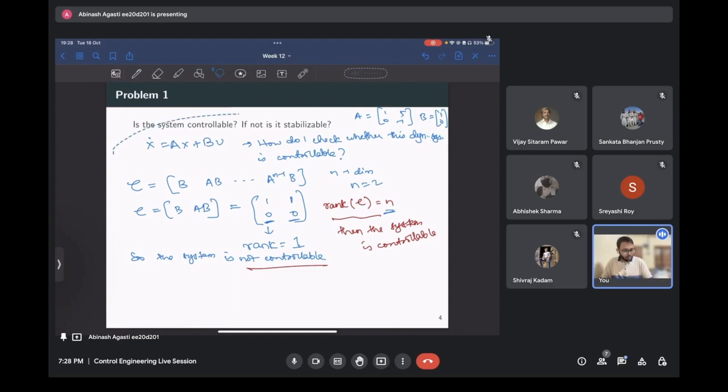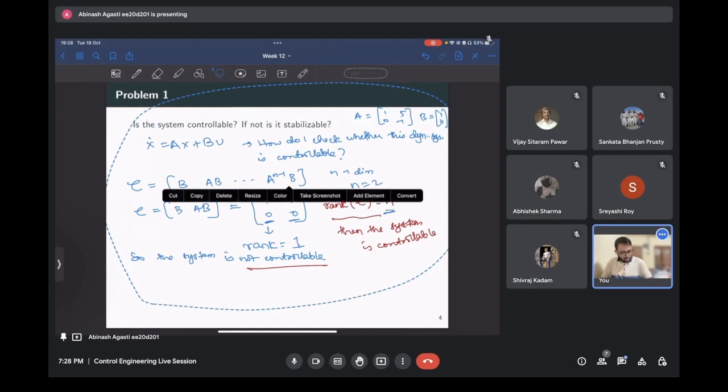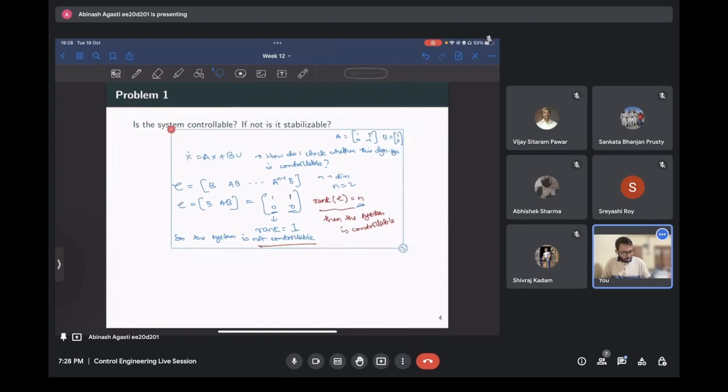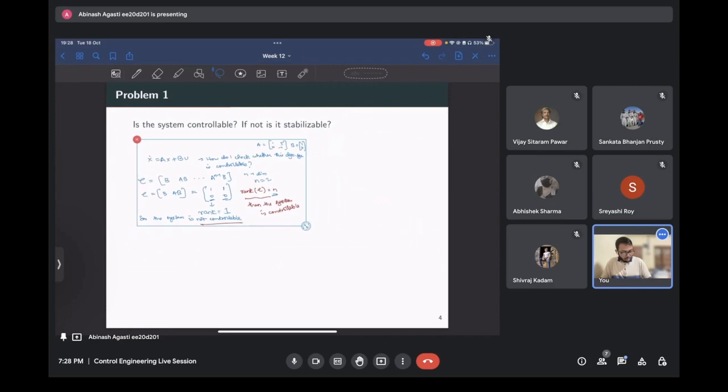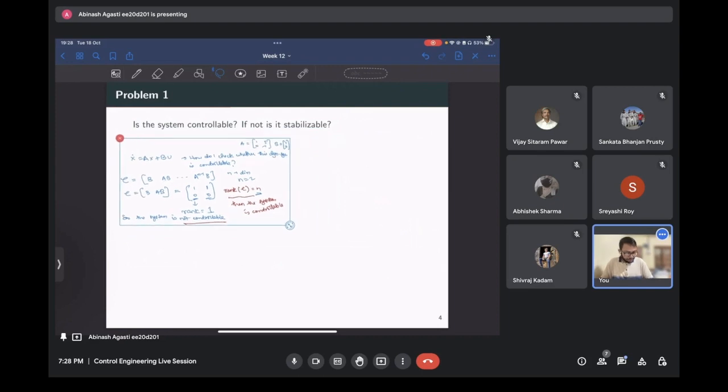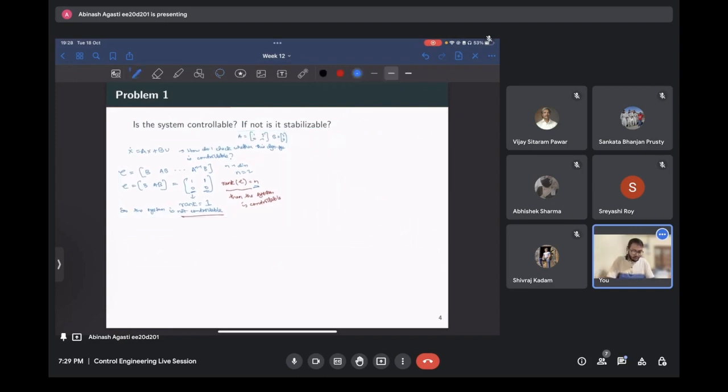Next, what we want to find out is whether the system is stabilizable.